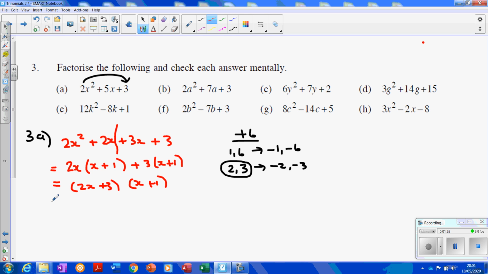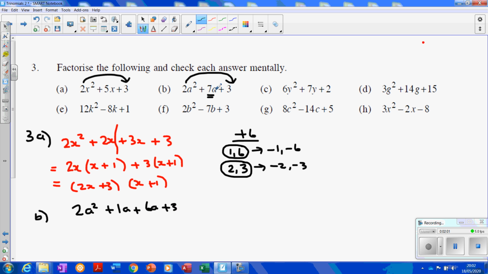Okay, next one, part B. 3 part B, do the same, so 2 times 3 is plus 6 again. Now, I don't need to do the same factors of plus 6, I've got them there, but this time I'm looking for 7. So 7 has got to come from 1 and 6. So we've got 2a squared plus 1a plus 6a plus 3.